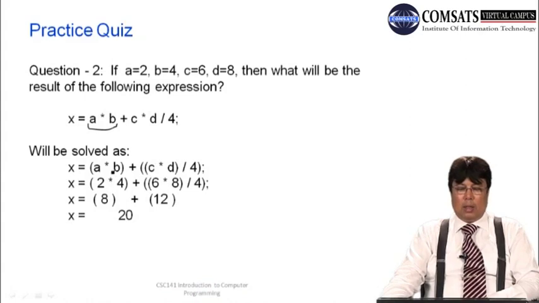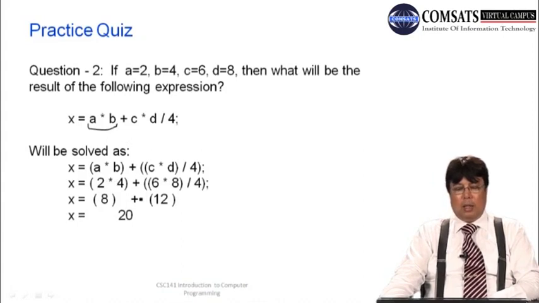Now we have got one operand, A multiplied by B. Second, we have got C multiplied by D. Then we have divide by 4. What should be next? The competition is between plus and division. The division is the winner. So we will put the parenthesis here so that the division is executed first. So 6 multiplied by 8 divided by 4, the answer is 12. Here 2 multiplied by 4, the answer is 8.